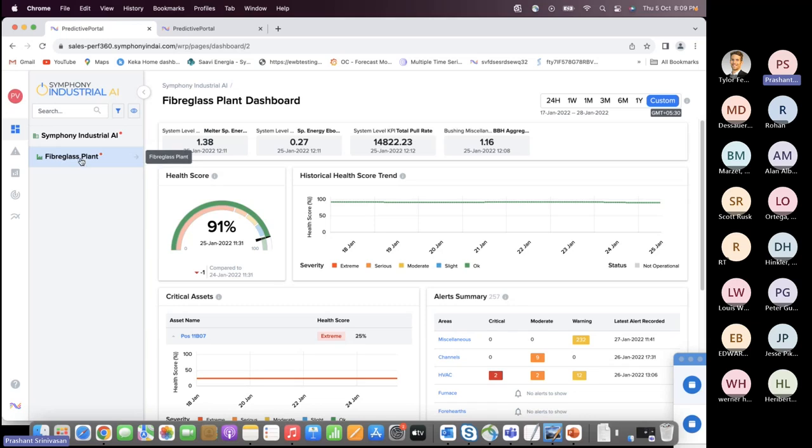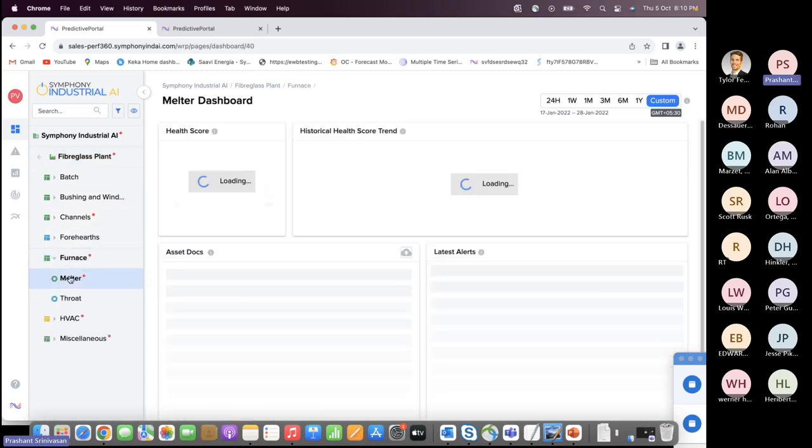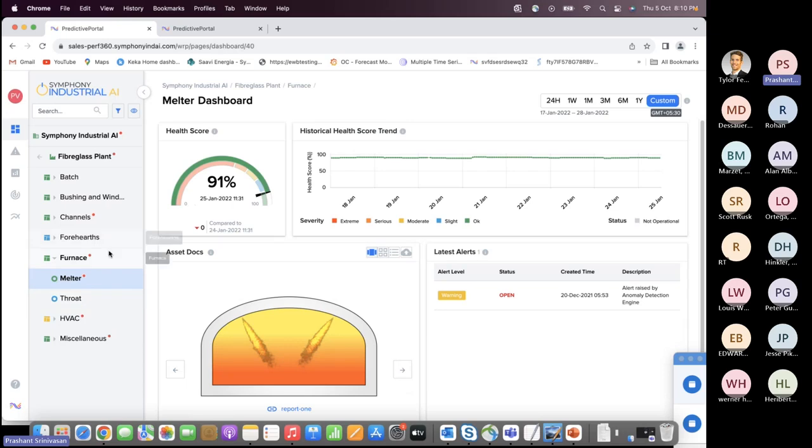This is an example of a fiberglass plant, so you can look through the hierarchy. You have different parts of the process. You have the batch, then you have the furnace. The furnace in turn has a melter and a throat. And then you also have the channels for Hertz, bushings, and HVAC and so on.